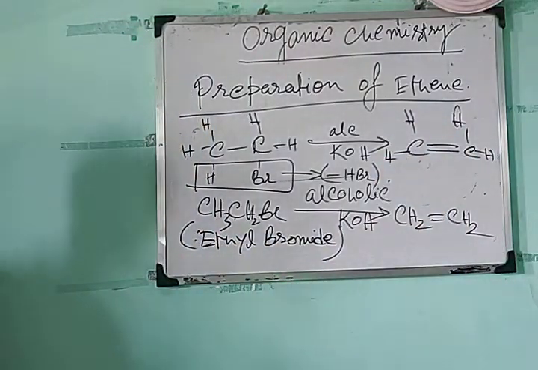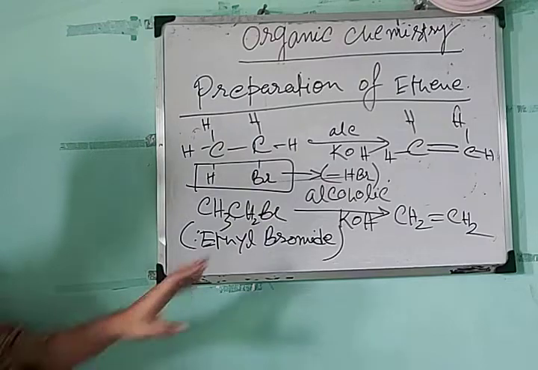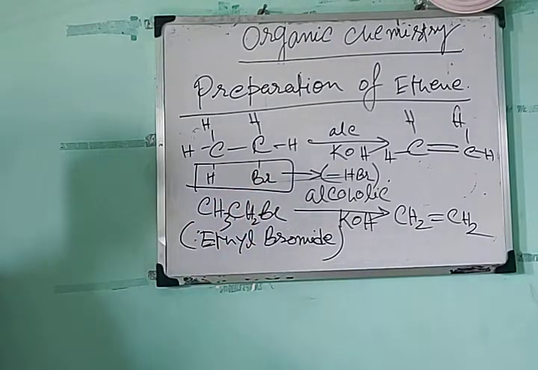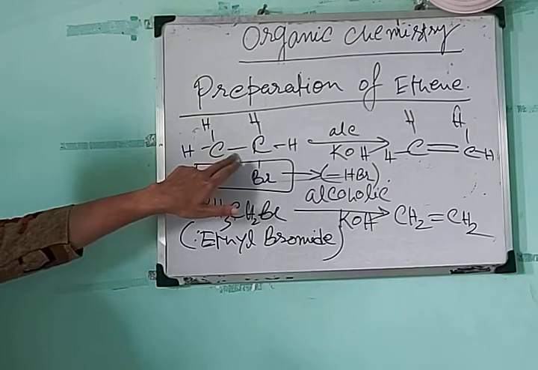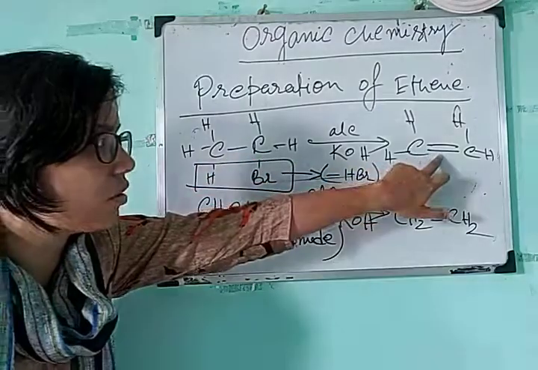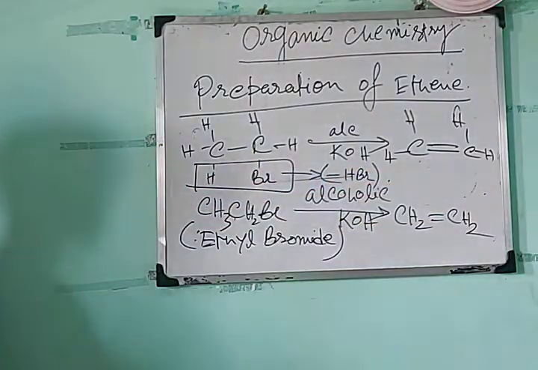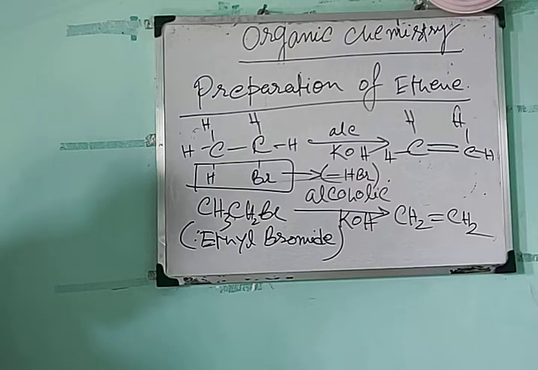So the reaction of alkyl halides with alcoholic KOH solution leads to dehydrohalogenation, that is elimination of the halogen acid, hydrobromic acid or hydrochloric acid or hydroiodic acid, whatever halogen you are considering. That corresponding halogen acid will be eliminated, and to fulfill the valency you have to add the double bond, forming the ethene molecule.